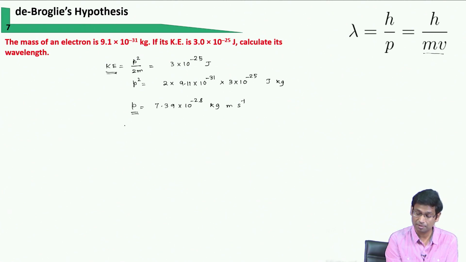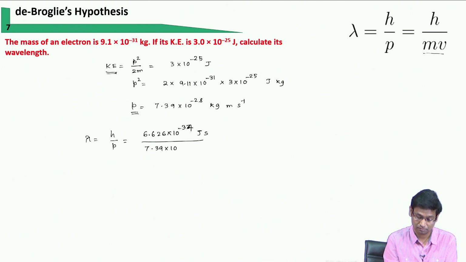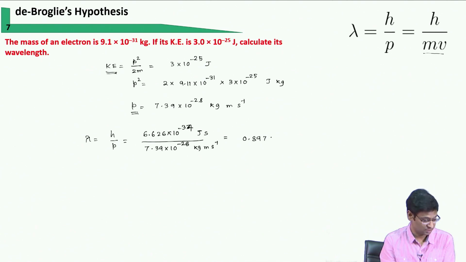Now, I got the momentum, but what I need now is the de Broglie wavelength, which is given by h by p, and h is 6.626 into 10 to the power minus 34, divided by the momentum, and when you do this, you would get 0.897 into 10 to the power minus 6 meter, which is about 897 nanometer.